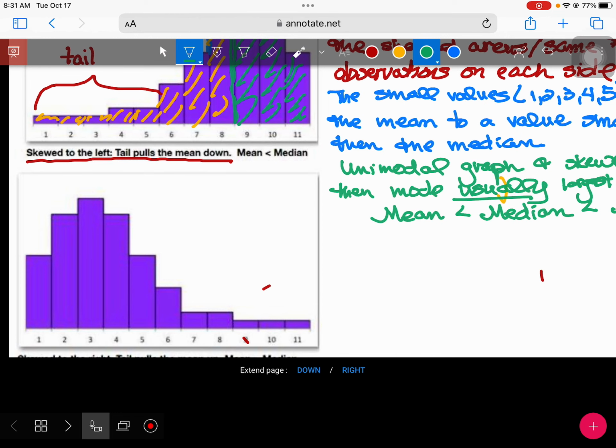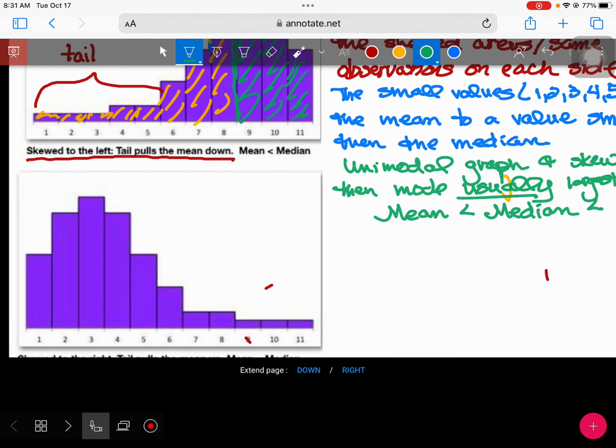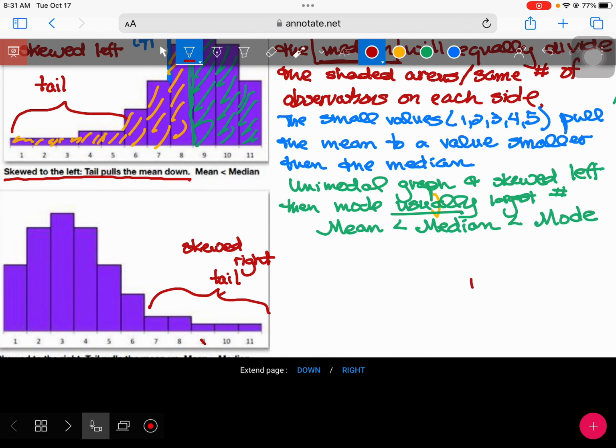And the last graph on that page says we are skewed to the right. So here's my tail. We are skewed to the right. Usually the largest number. So if I have my tail skewed to the right, what is my mean?